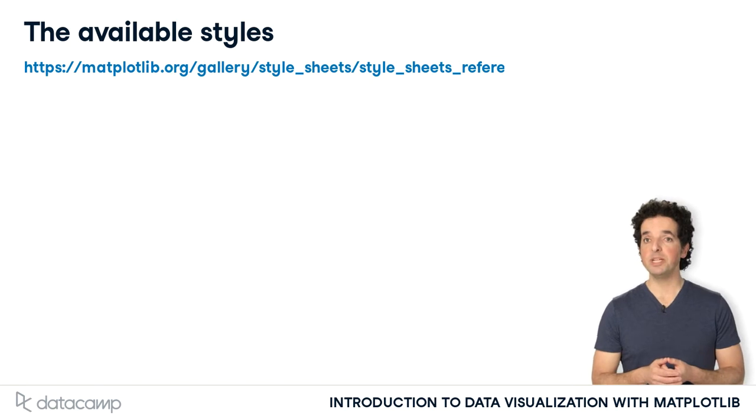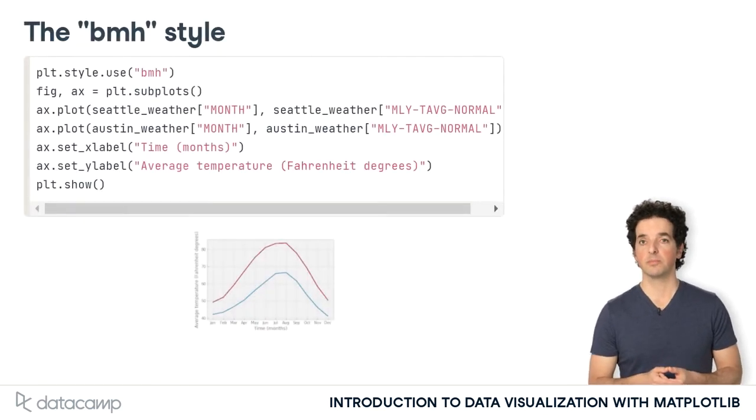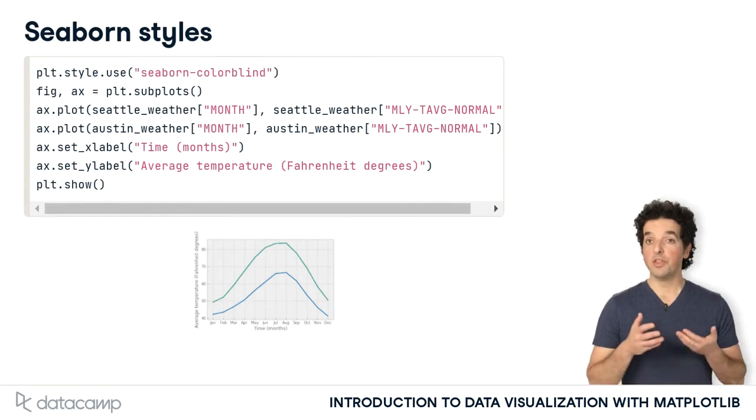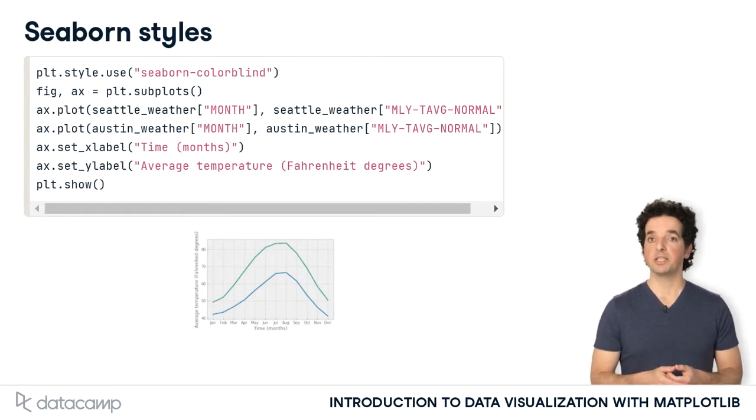Matplotlib contains implementations of several different styles, and you can see the different styles available by going to this webpage, which contains a series of visualizations that have each been created using one of the available styles. For example, this is what you get if you use BMH as the style. This is what you get if you select Seaborn Colorblind.